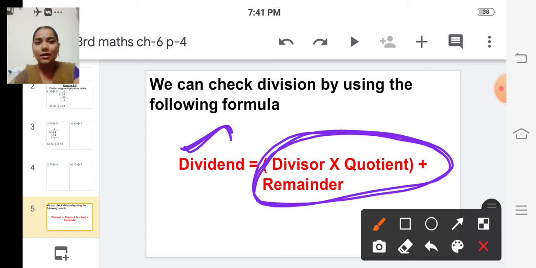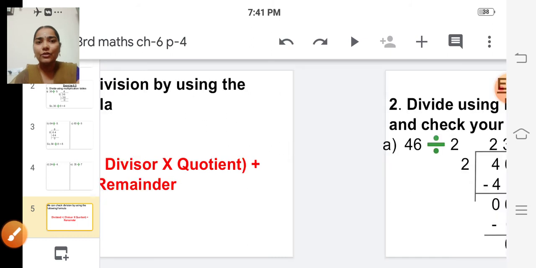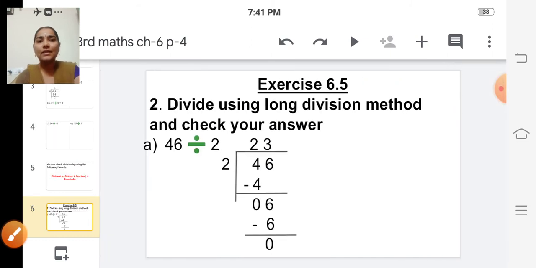So what is the formula? Divisor into quotient plus remainder. First we have to do this multiplication, divisor into quotient. After that we have to add the remainder to this answer. Okay, shall we do problems? Yes.